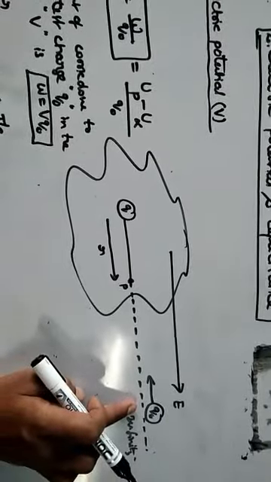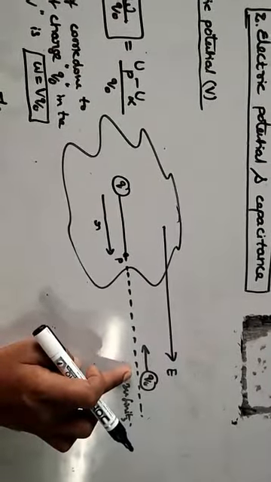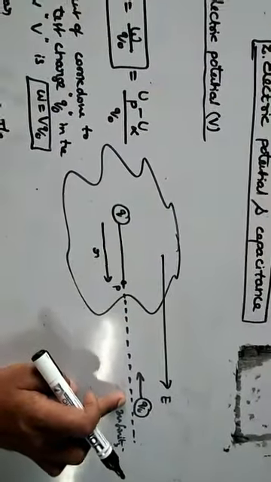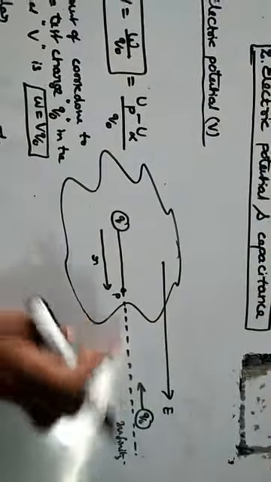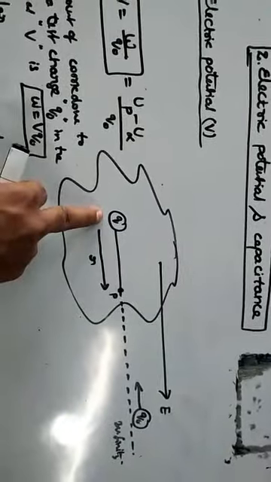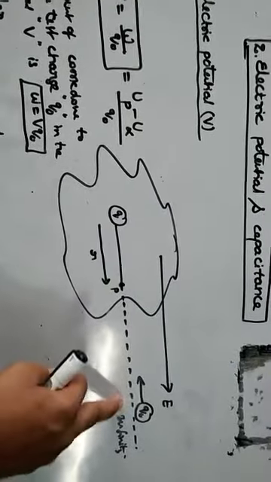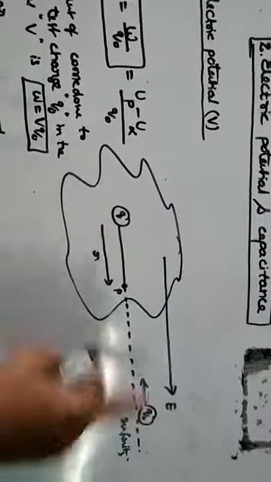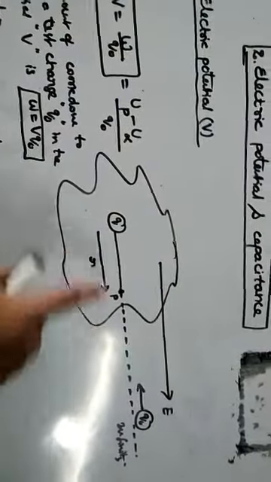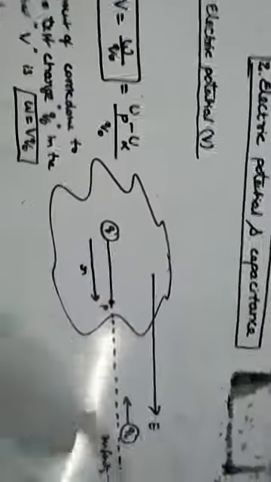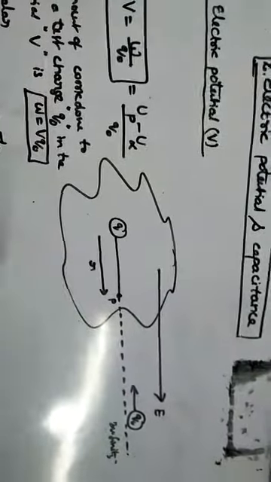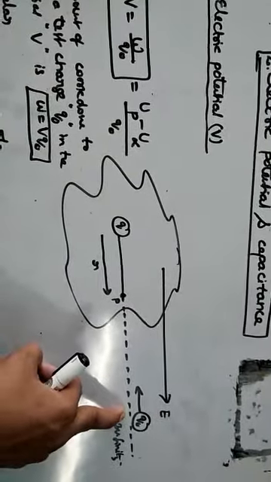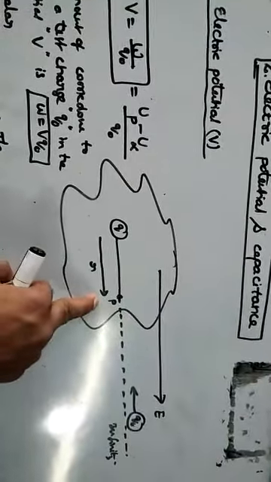If it is coming opposite to the electric field, it will not be silent. It is also a positive charge, so it will apply some repulsive force. Even though it is pushing back, I am forcefully bringing this Q naught into the field of this charge.